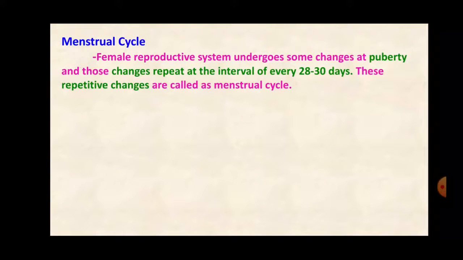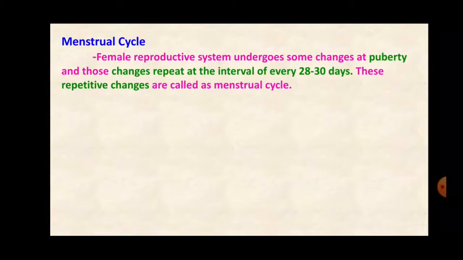It is very important. Changes start taking place at puberty, and these changes are repetitive. They happen at an interval of every 28 to 30 days. These repetitive changes that take place regularly are termed the menstrual cycle.